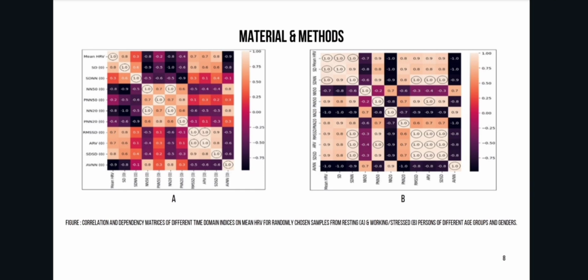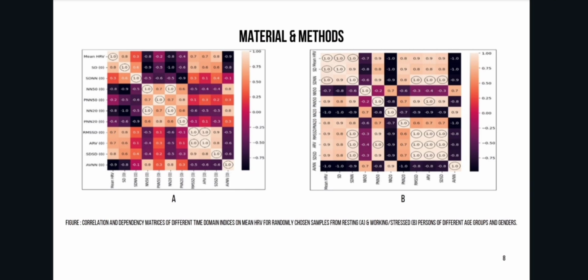It has been observed from the correlation and dependency matrices that the standard deviation SD, standard deviation of the normal to normal intervals SDNN, average peak variability APV, root mean square successive difference RMSSD, and standard deviation of successive differences SDSD show more prominent distinctions between the different physiological conditions.